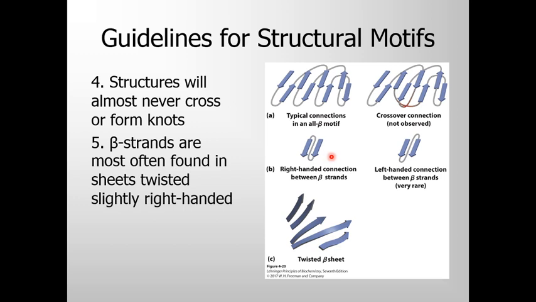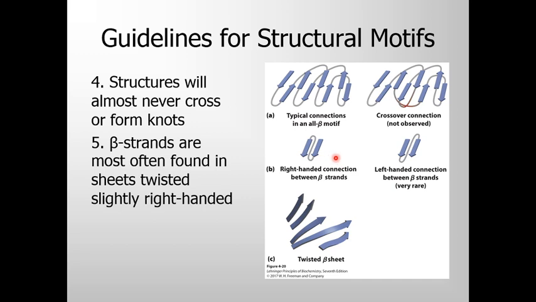If you rotate this 180 degrees, then you could see that this starts from here and goes here. So it's going towards the right-hand side, and that's why it's a right-handed connection. Whereas this, it's going from here to here, and that's why it's a left-handed connection.